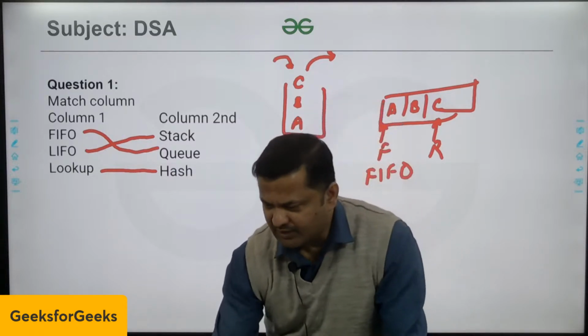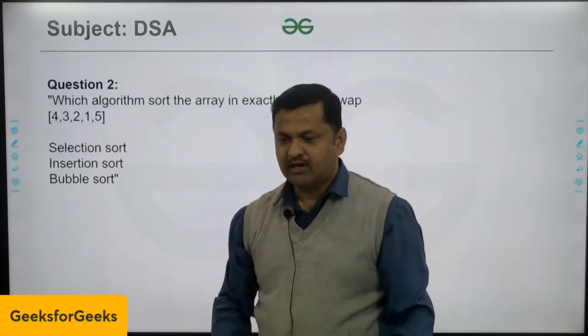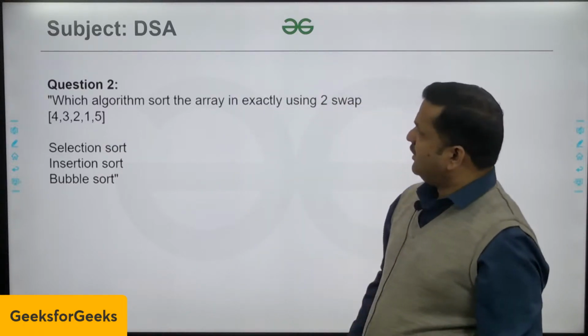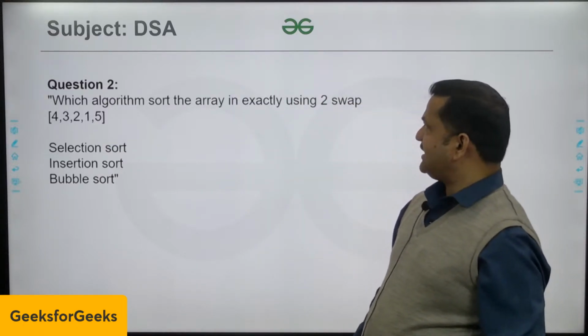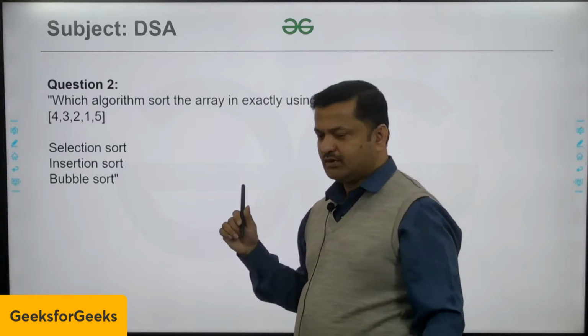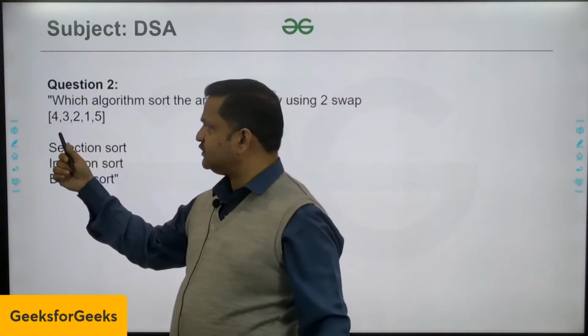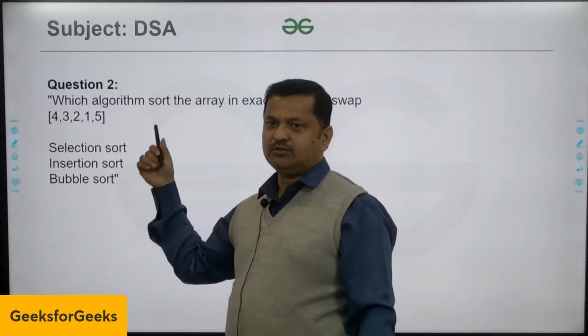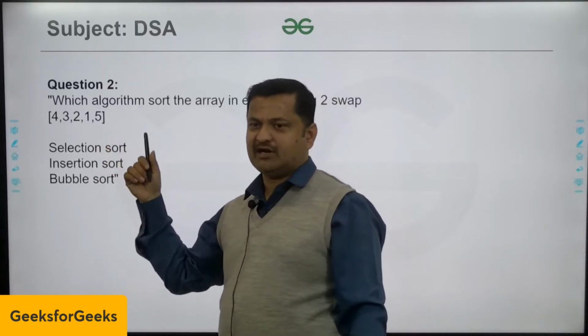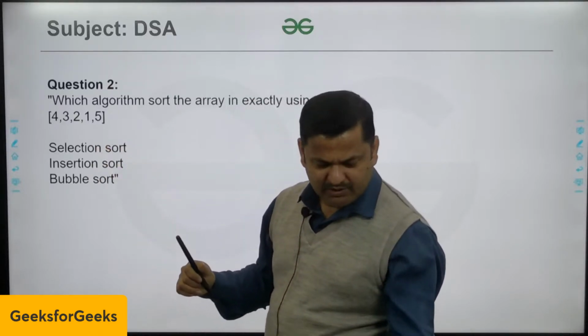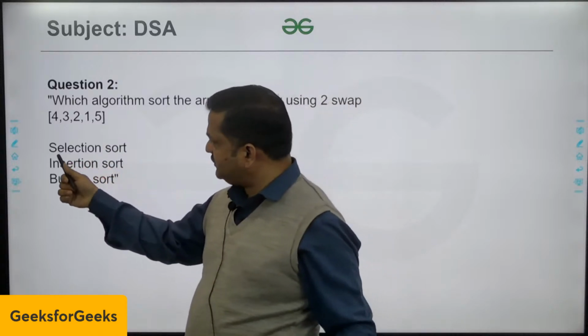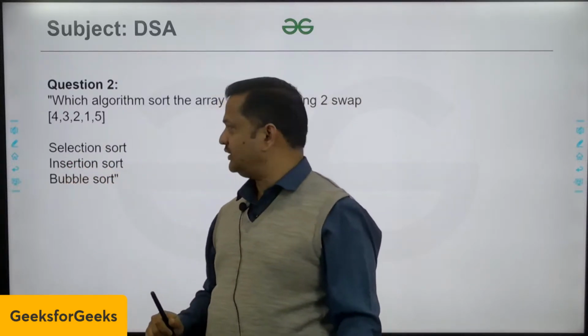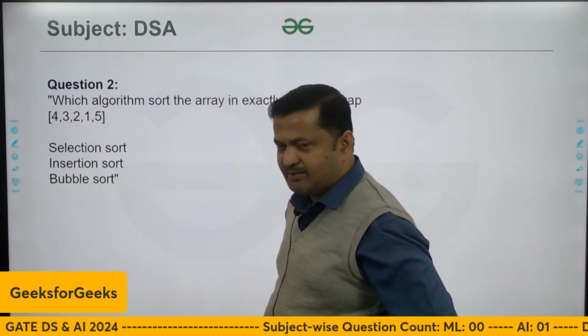Now we have another question, which says: which algorithm will sort the array using exactly two swaps? This is the given sequence: 4 3 2 1 5, assuming we need the sorting in ascending order. We are given three algorithms: selection sort, insertion sort and bubble sort.